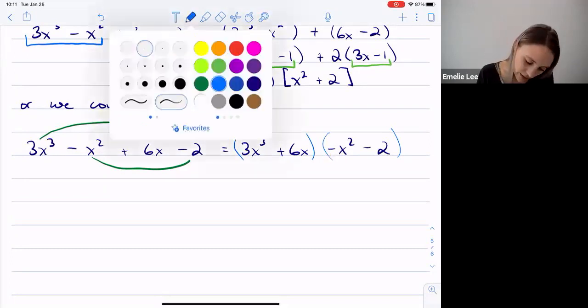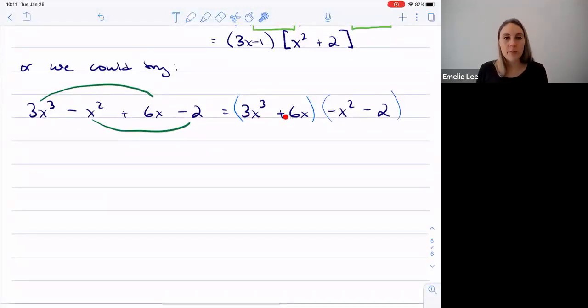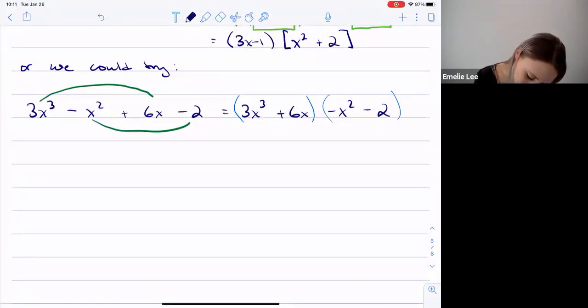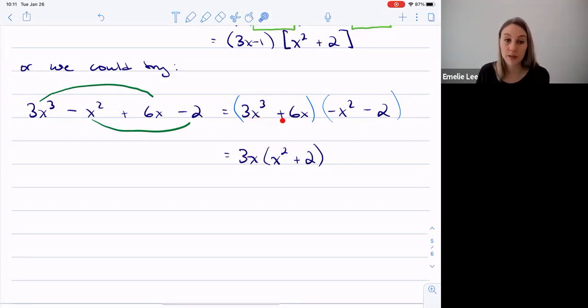So I can pull out a common multiple of 3x, and rewrite this as 3x times x squared plus 2. Just check that when you expand this, you end up at the same thing where you started.